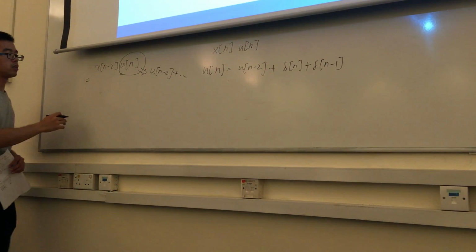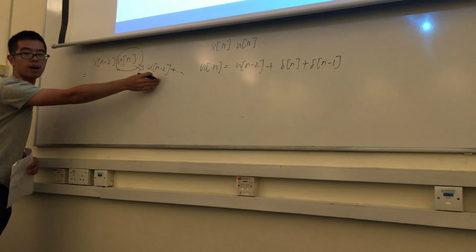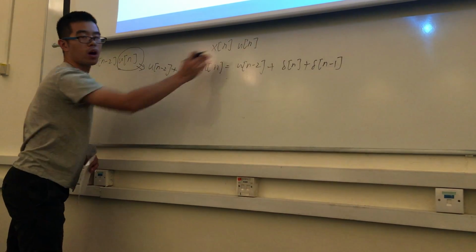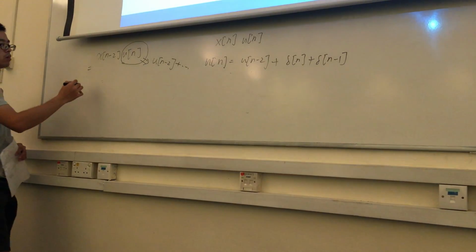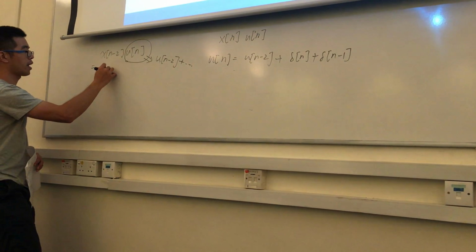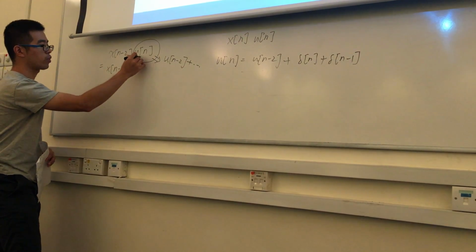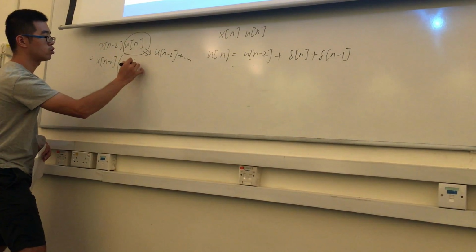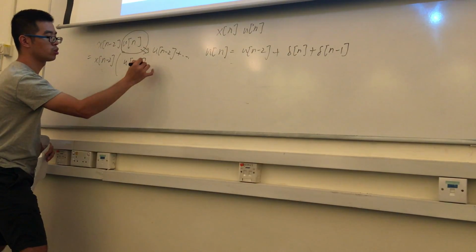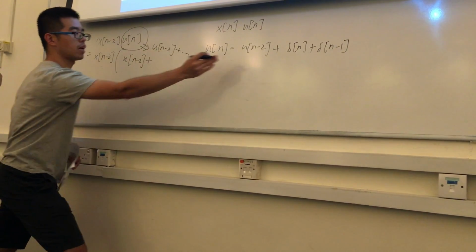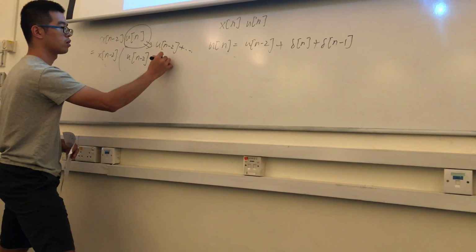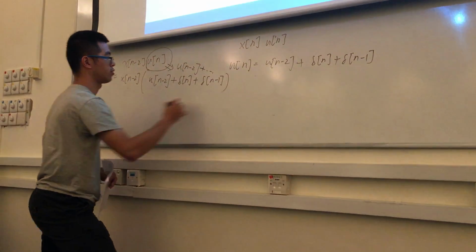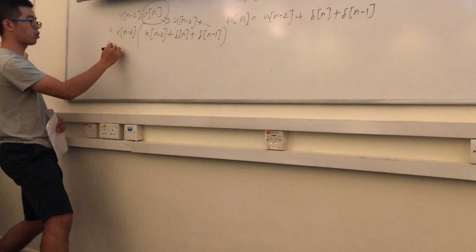In this way, we have this part times this part. So this is the time delay, just a delay. So we can write it down by replacing this part by u[n-2], so it should plus this 2, right? Now we have 3 components.